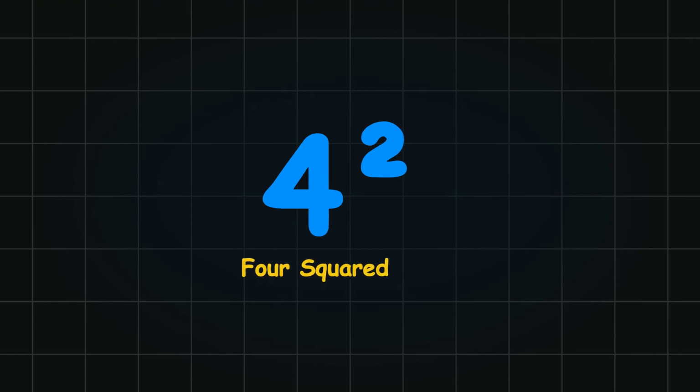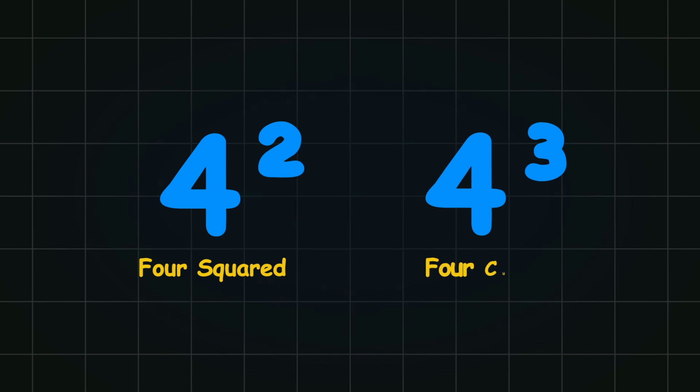What if I had 4 and a 3 on top? That would be 4 cubed. So when it's a 3, it's a cube. You get special names up to 3, and 3 is cubed, so that's a special name. And then you say 4 to the power 4, to the power 5, and so it goes on.